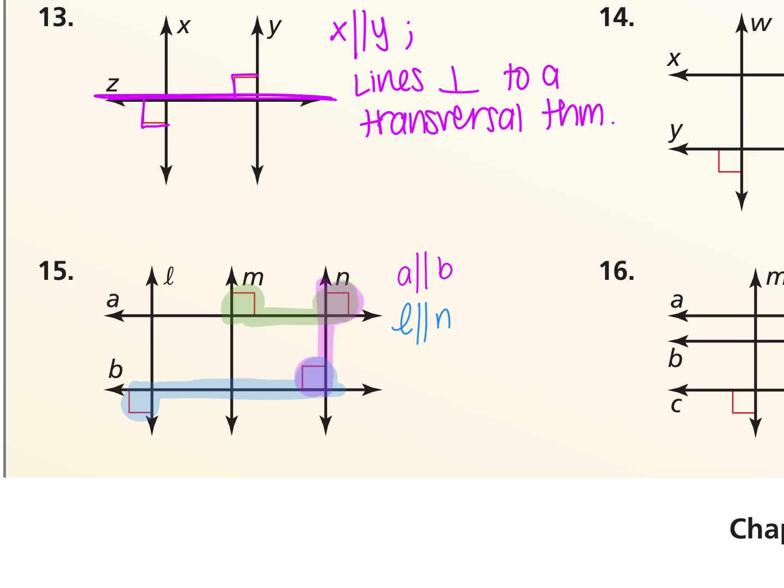And there's line N. So yes, there's another one. M is parallel to N. And how do I know that all of these are parallel? What did I use? All of these are using the lines perpendicular to a transversal theorem. And they're all using that.